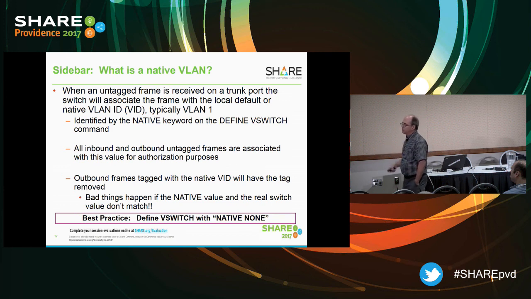In z/VM, when we create the virtual switch, we worry about this. And I'm going to tell you that the best practice is I don't accept untagged data. If you're not wise enough to send it to me with a tag, I'm pretty sure you screwed it up, and I'm not going to pay the slightest bit of attention to your data. Okay? And by the way, I will not send any untagged data either.